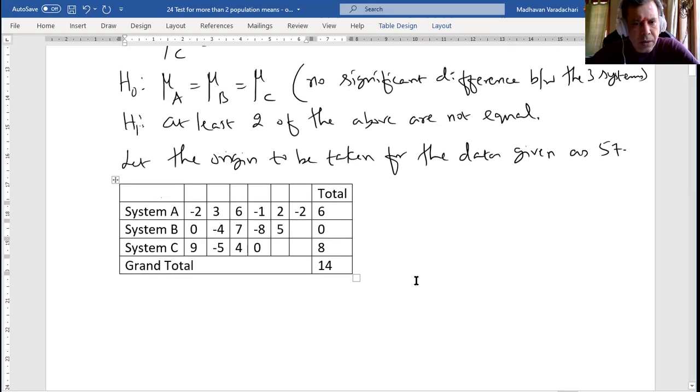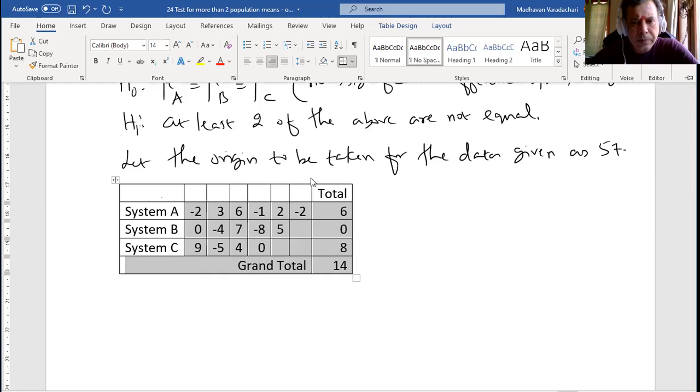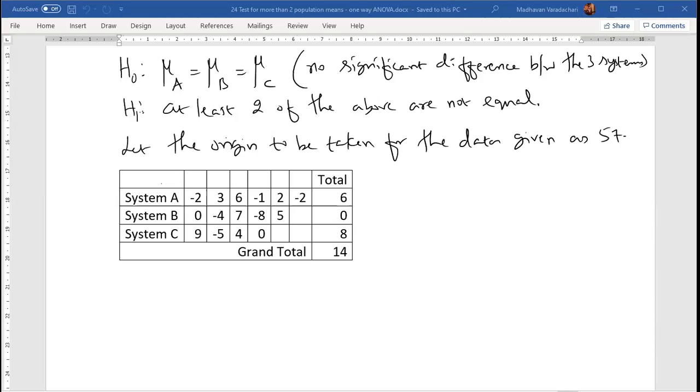So we have each row total and also the grand total for this. The very first step will be to find what is called the correction factor.